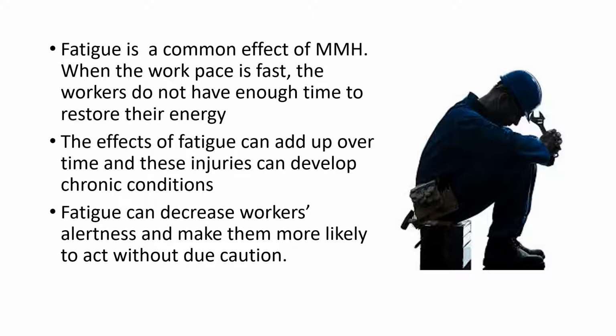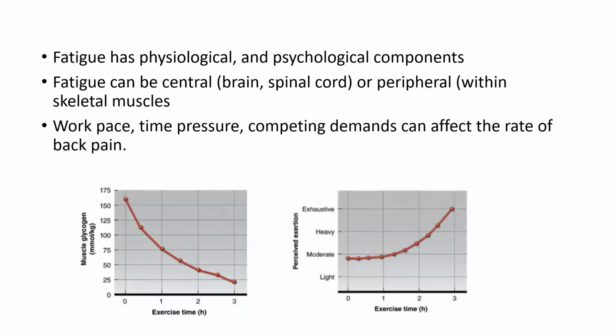And also, it can be mental fatigue. When a person is in that mental fatigue, they have less alertness regarding the risks of the work they are doing, and they may have less caution. So as you can see, we can have different types of fatigue.